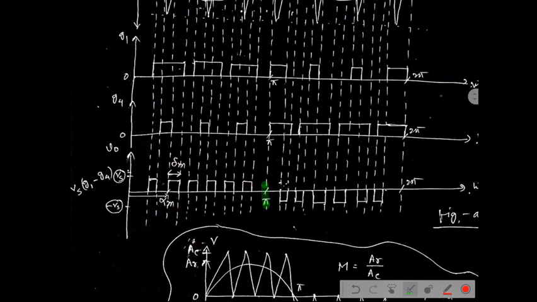Again we will do G1 minus G4, that means this is the G1 and this is G4. So in this particular peak, this part and this part are same, that is why it will give you 0.